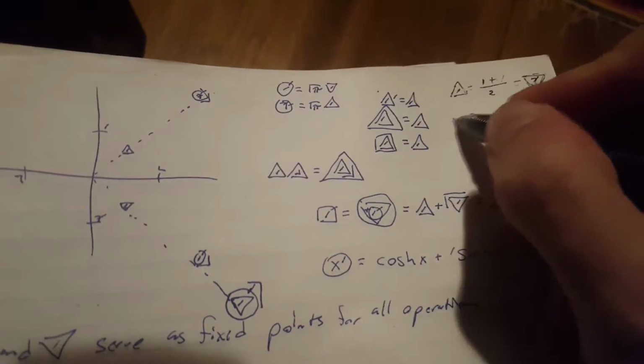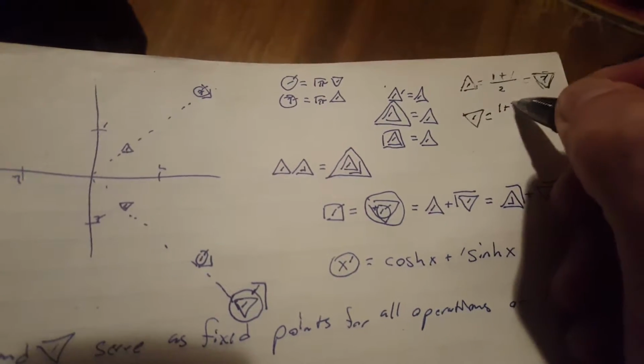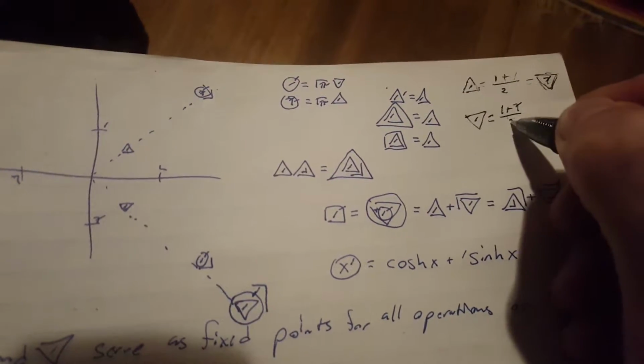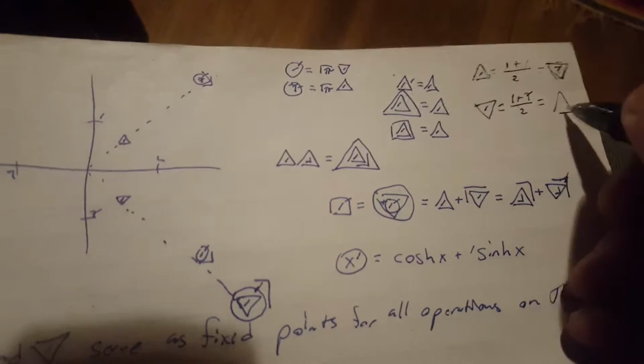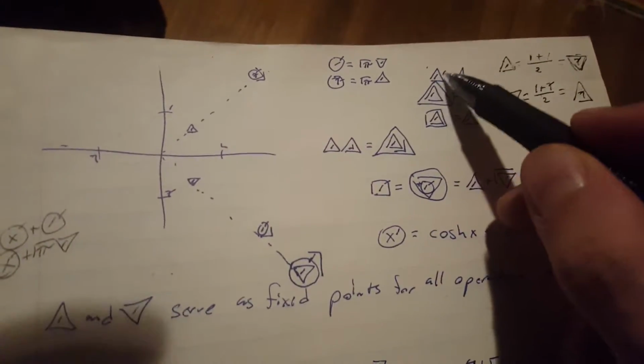And then down triangle of i is equal to 1 plus negative i over 2, which is equal to up triangle of negative i. Okay, so some interesting things happen.